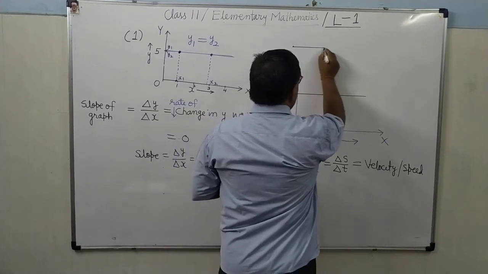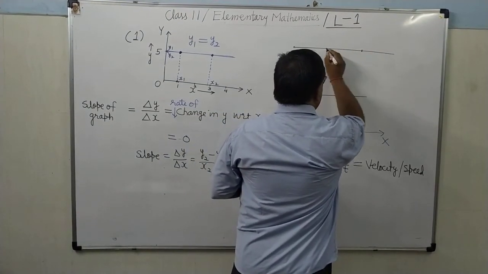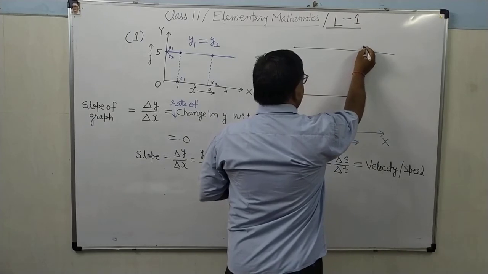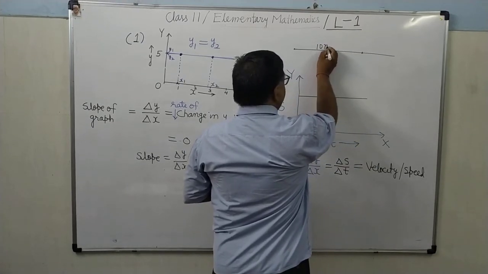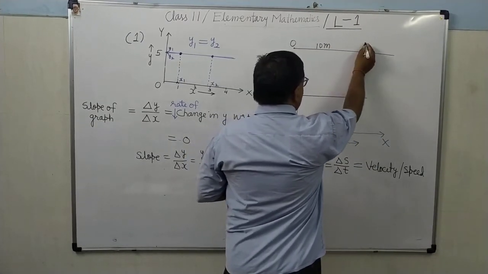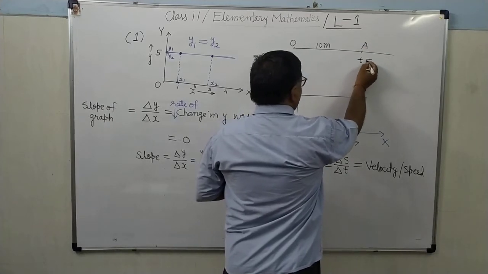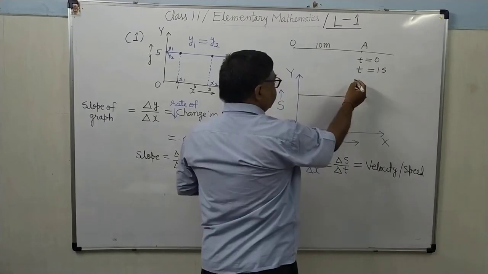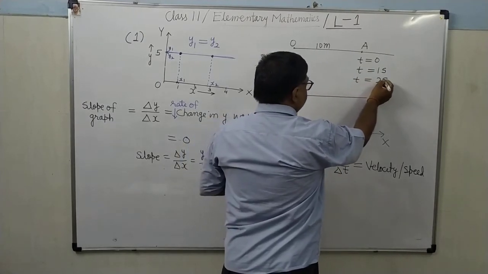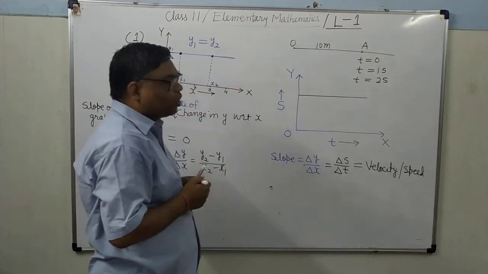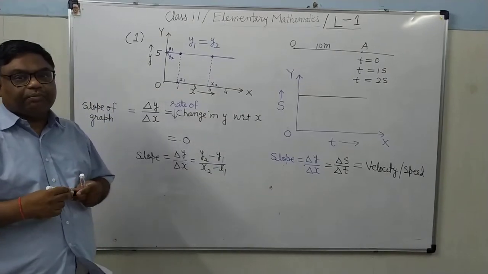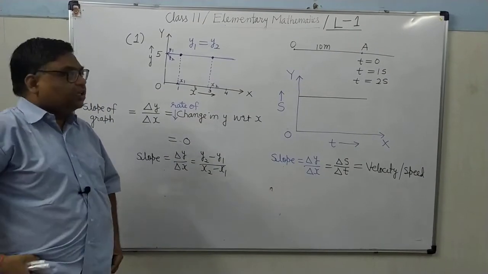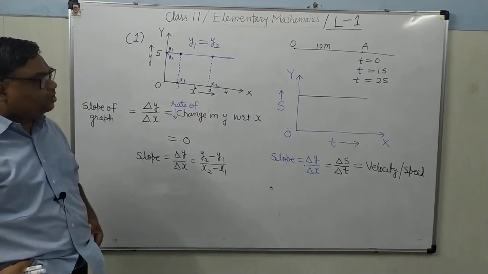Suppose this is the origin, and the body is at this point. Here this is 10 meter, this is the origin, the body is at the point A. At time t equals 0, it is at A. At time t equals 1 second, it is at A. At time t equals 2 seconds, it is at A. So what will you conclude about the motion of the body? That the body is at rest, because there is no change in displacement.